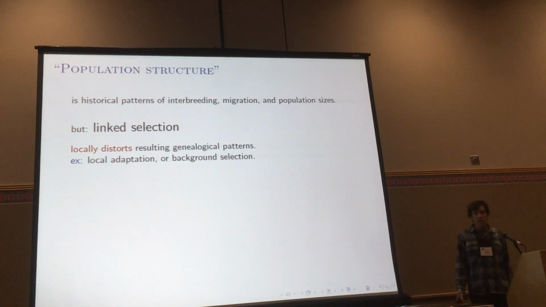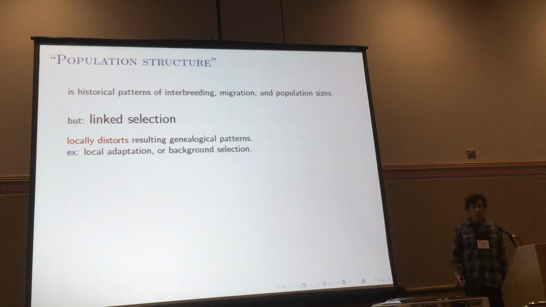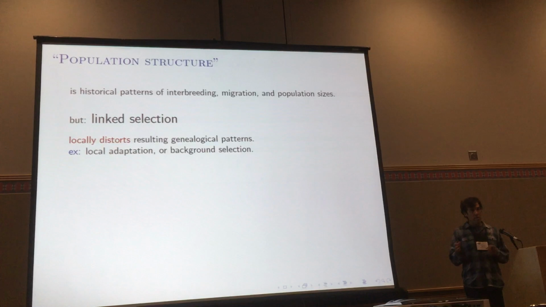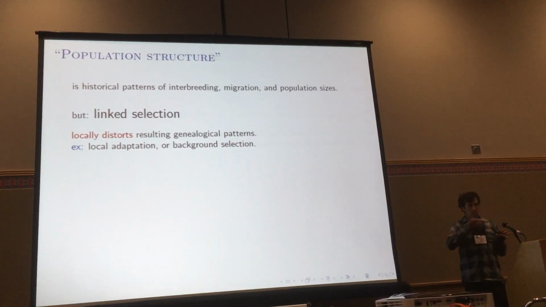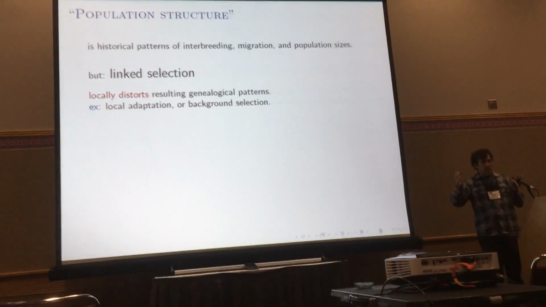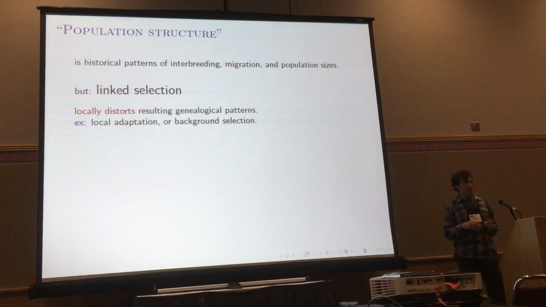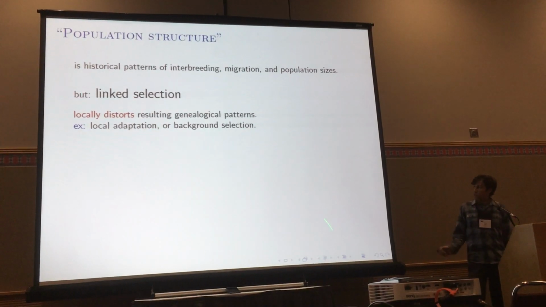A fairly obvious example is local adaptation. If there's a region of the genome with a bunch of locally adapted alleles, that will select against migrant alleles in that part of the genome, and so the local trees in that part of the genome will, in principle, be more structured in space.